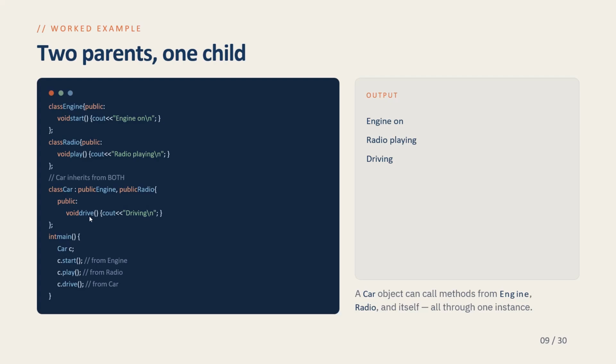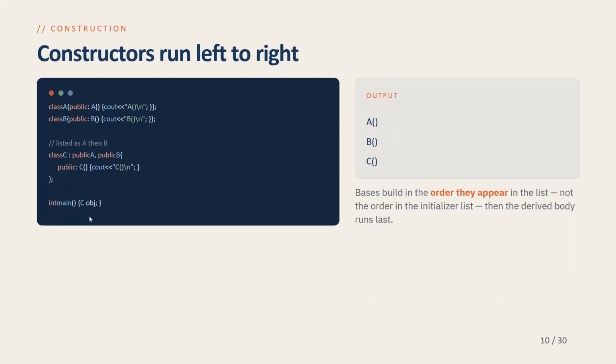One important issue is the order of construction. If the declaration is class C, public A, public B, then A is constructed first, followed by B, and finally C. The output would therefore be A, B, and then C. The construction order is determined by the order in which the base classes are declared in the inheritance list.